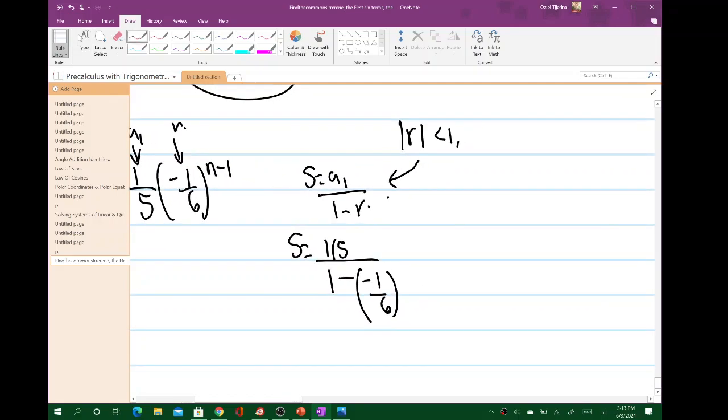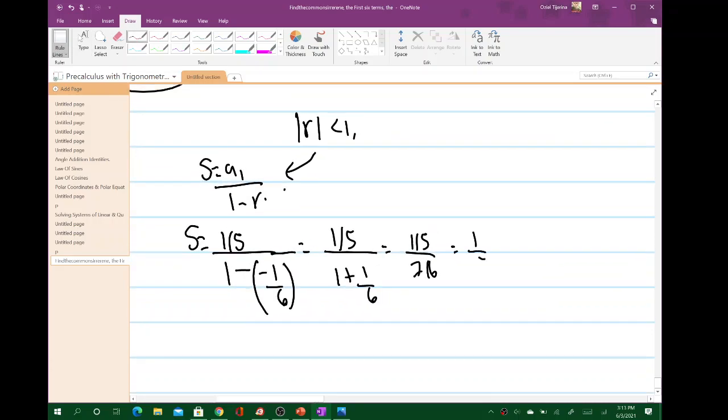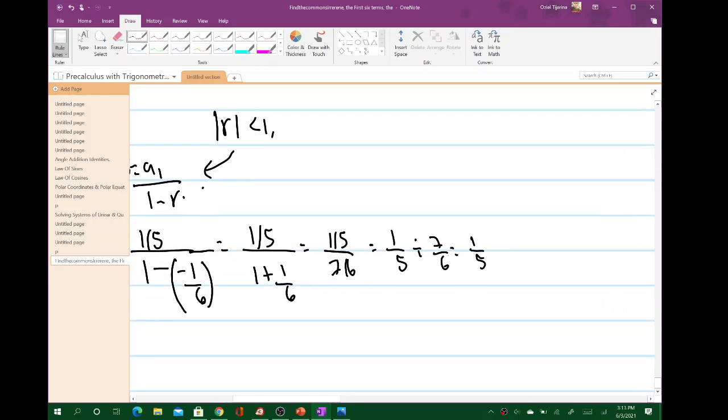So what is this going to be? This is going to be 1/5 over 1 plus 1 over 6. This is just 1/5 over 7 over 6, which is really 1/5 divided by 7 over 6. This is just 1/5 times 6 over 7, and this is 6 over 35.